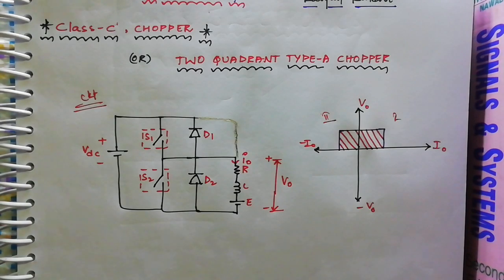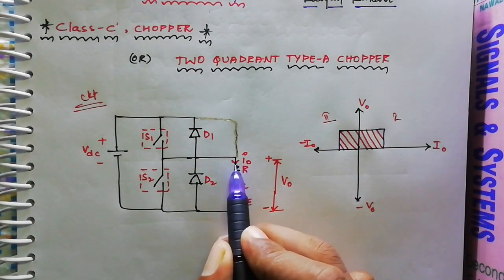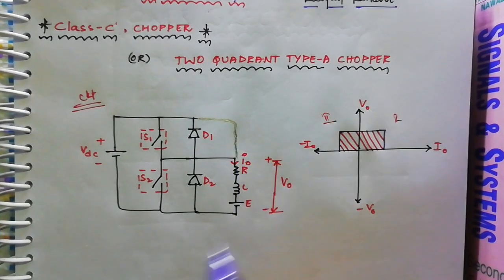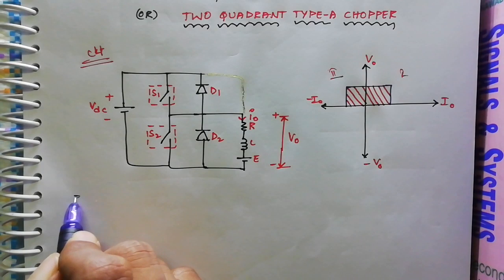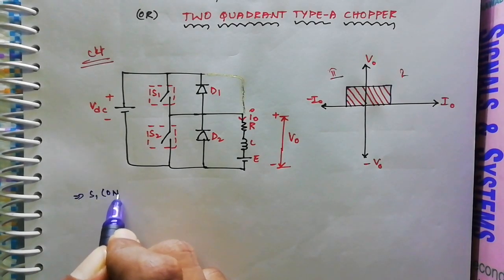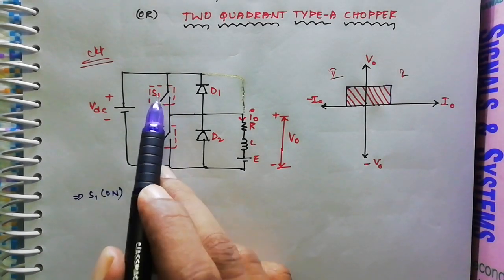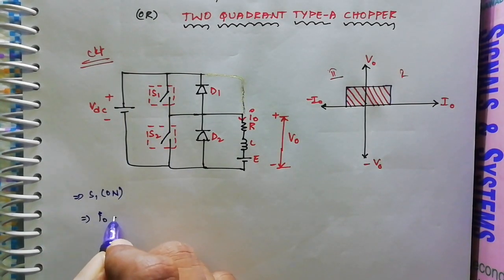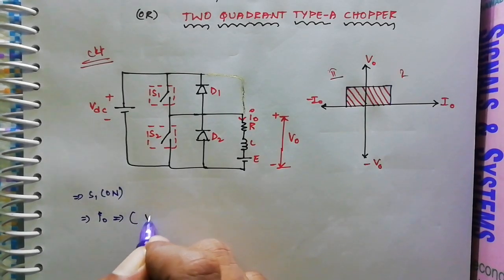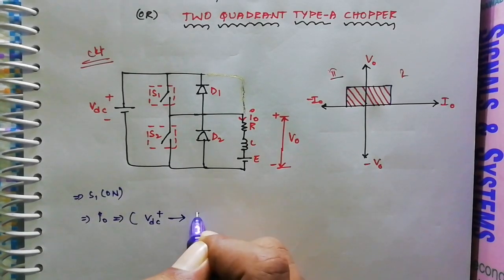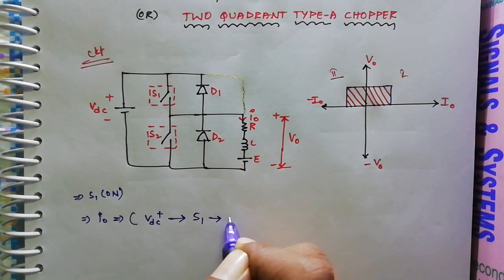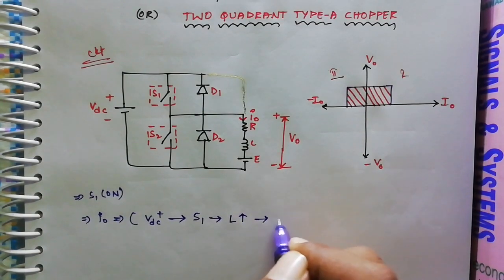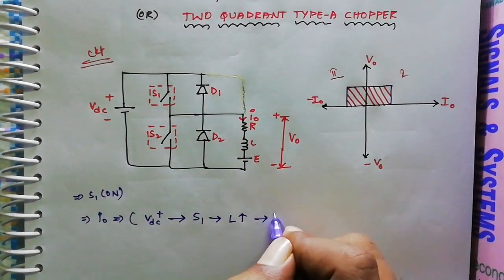As usual, I have pre-assumed the current direction and the voltage polarity in this way. Case number 1: when S1 is on, that is, the switch or chopper is closed. My current direction I0 starts from the VDC plus terminal to S1, S1 to L. Here the L is getting charged, and from L back to the source VDC.